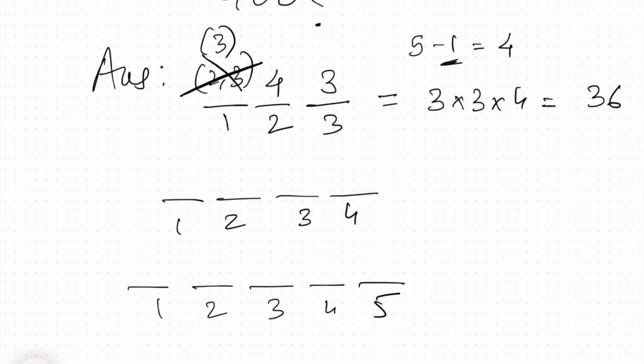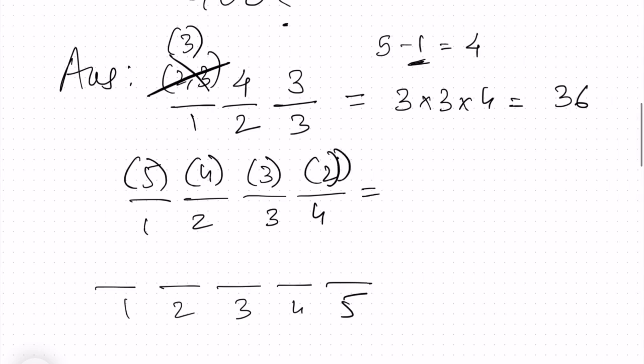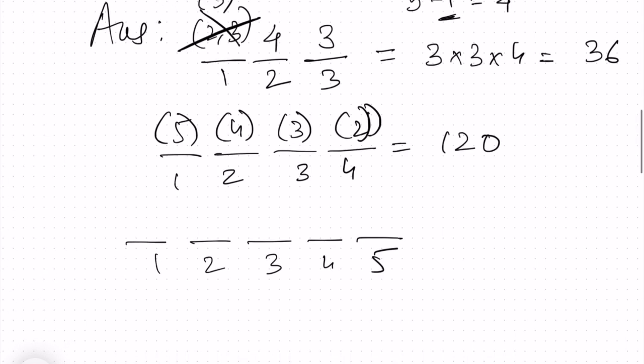For a 4-digit number, there's no restriction on how to place the digits, because a 4-digit number will always be greater than 400. So this place can be filled in 5 ways, this in 4, 3, 2. So 5 into 4 into 3 into 2, 120.